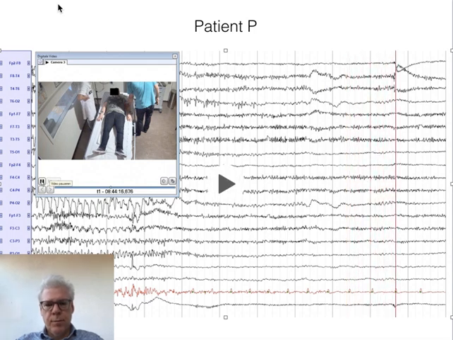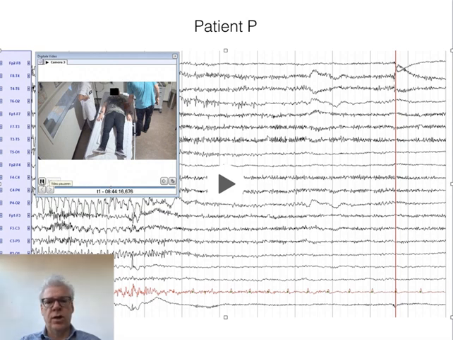Now this may suggest a generalized seizure, but this is a pseudo-seizure. So this is a patient who suffers from psychogenic seizures, and that is one of the things that are in the differential diagnosis of seizures, that the seizures have another origin than epilepsy, and those are referred to as psychogenic seizures, which is still a non-trivial problem, how to treat it and how to diagnose it.